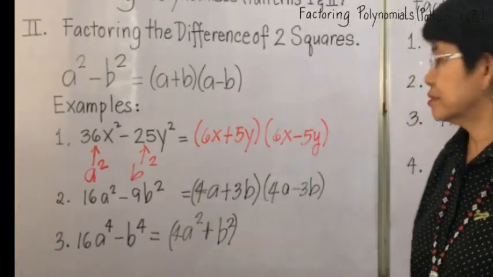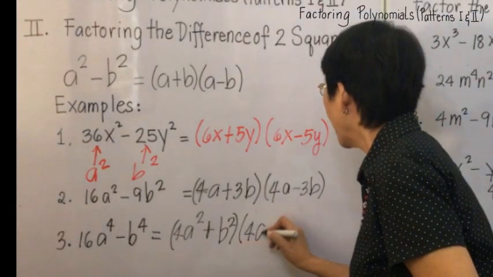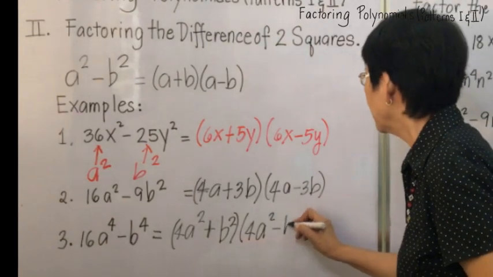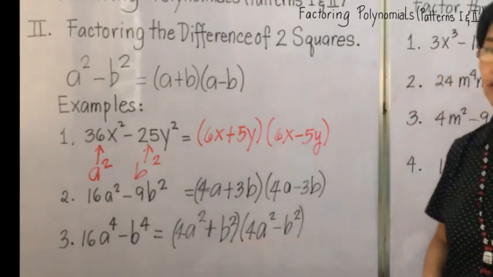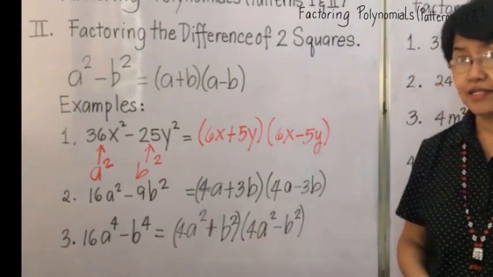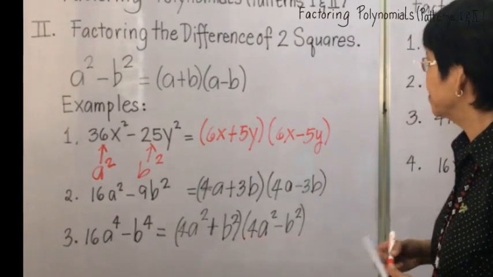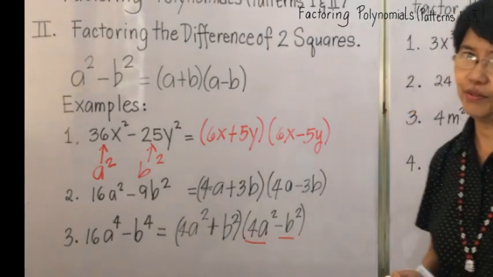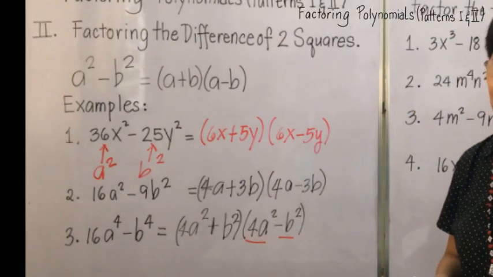Then the second factor is just copy 4a squared then minus b squared. The first factor is a prime factor, but the second factor is still factorable because you have a perfect square and another perfect square. So it's a difference of two squares. So we can still factor that.